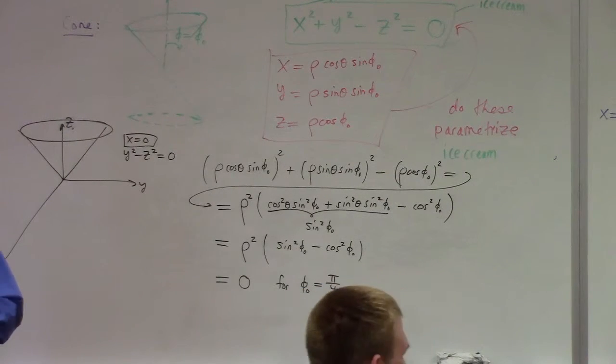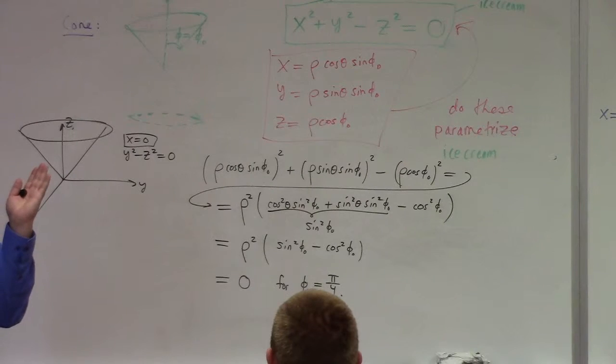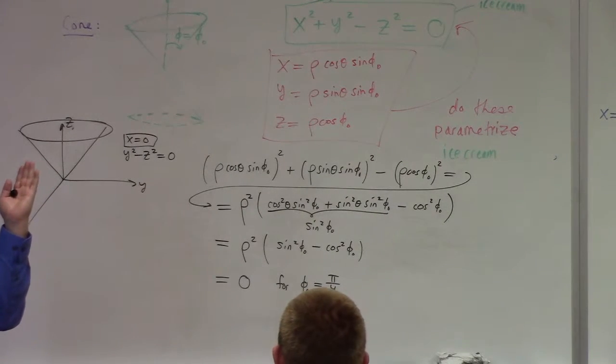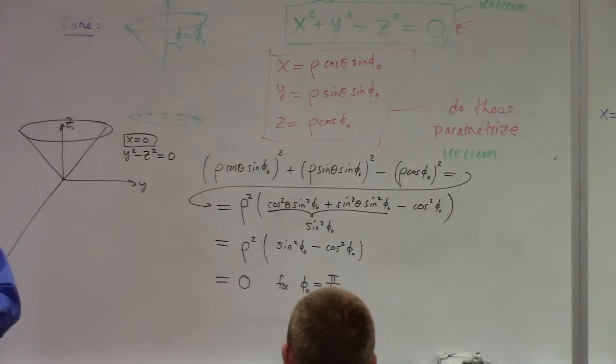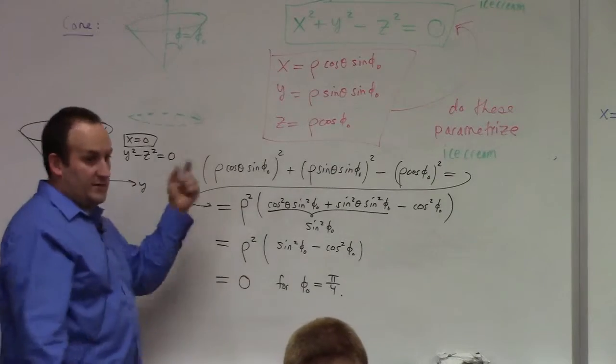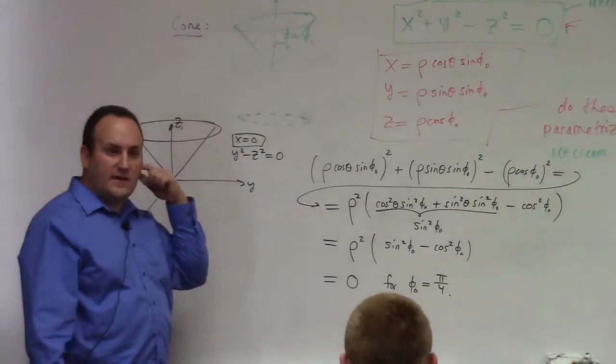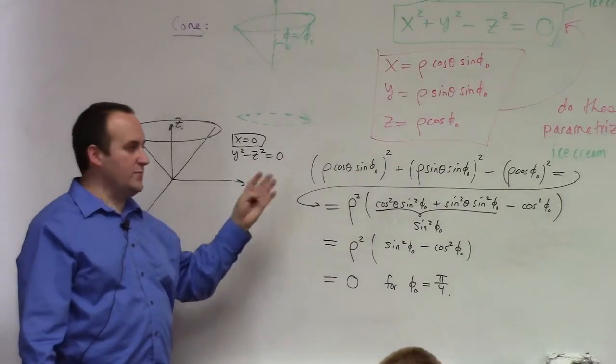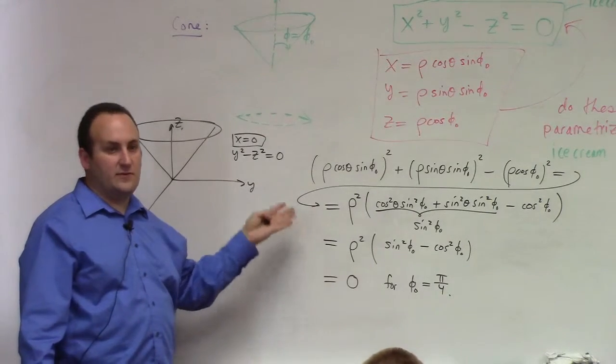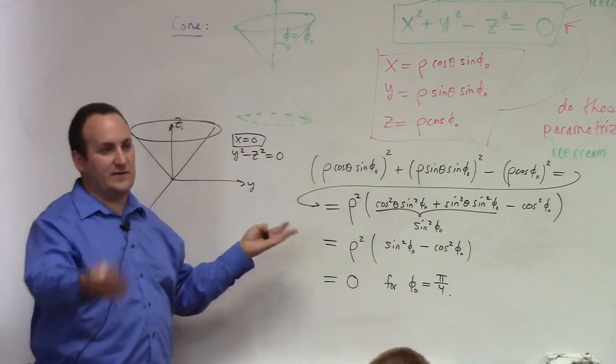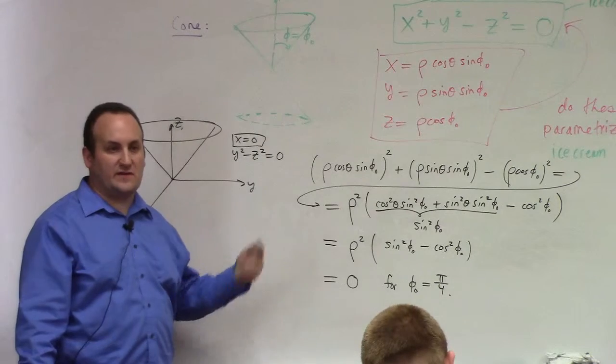But the bottom line is, if you had a cone which wasn't 45 degrees, like a 30-degree cone, the Cartesian equation for it is not so nice. But from this, I could figure out what it was. I can work backwards from here, now that I have complete control over a cone of any angle with these formulas, and find the Cartesian equation if I wanted to.